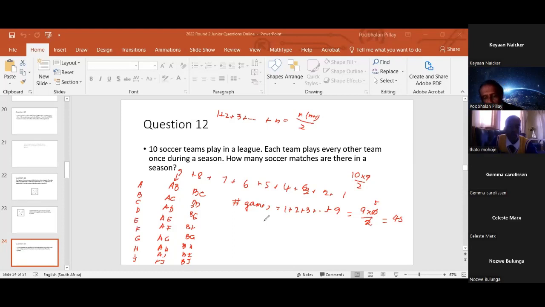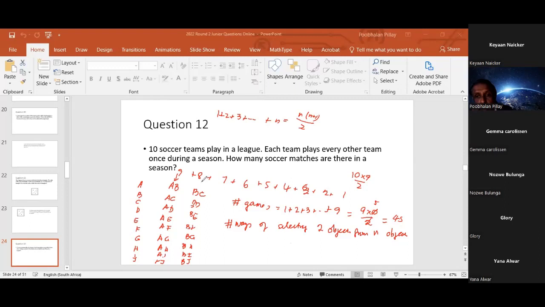And those who attended my class the last time know that the number of ways of selecting, whatever, it need not be teams, it could be marigolds, 2 objects from n objects, is a very important formula.